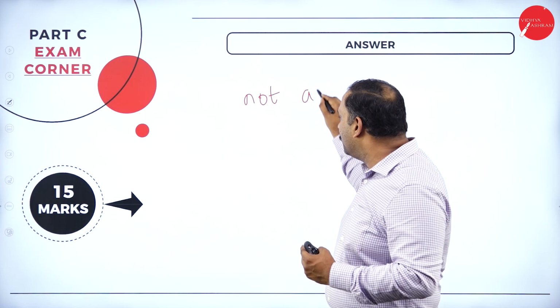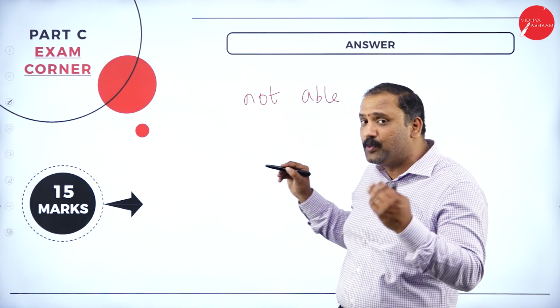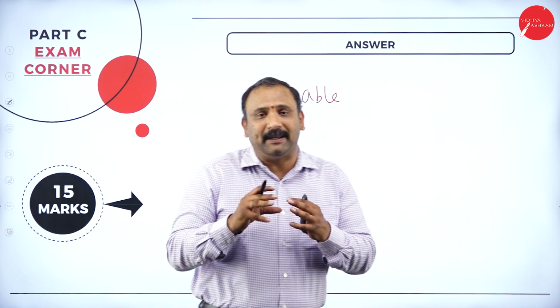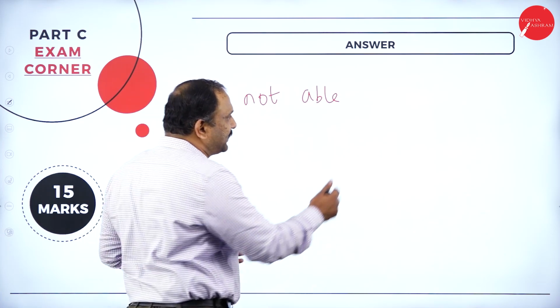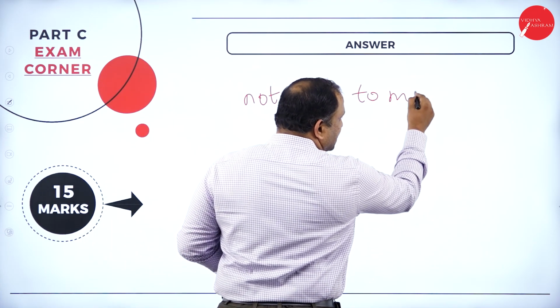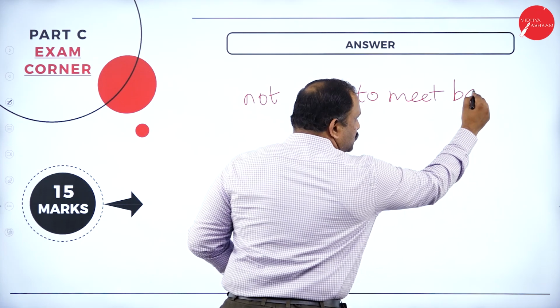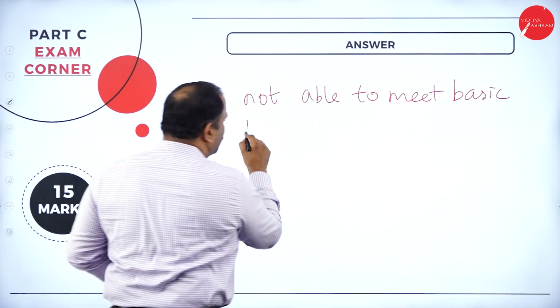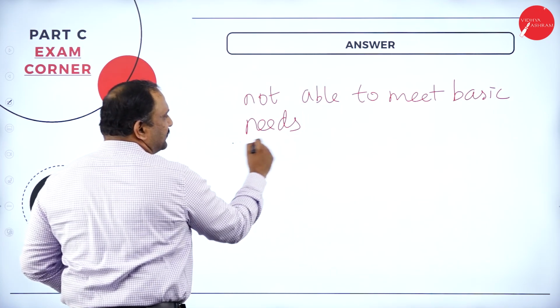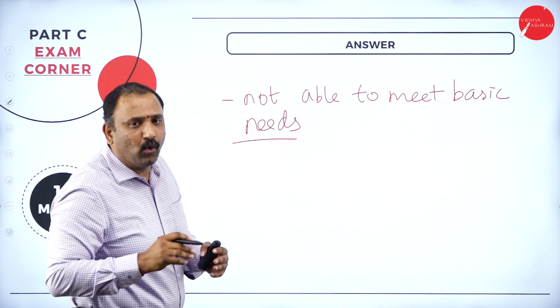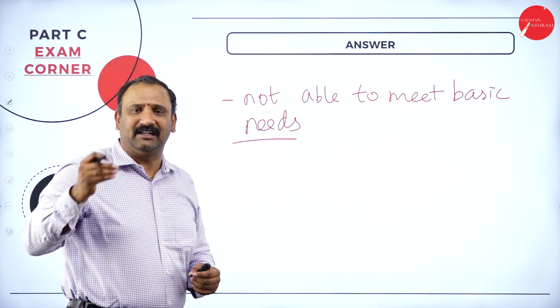Not being able to meet the basic needs is where you would see that people are suffering. They're not able to get the necessities, and you will also see that food, shelter, clothing, everything comes under a challenge. These are people who are not able to afford a regular meal.